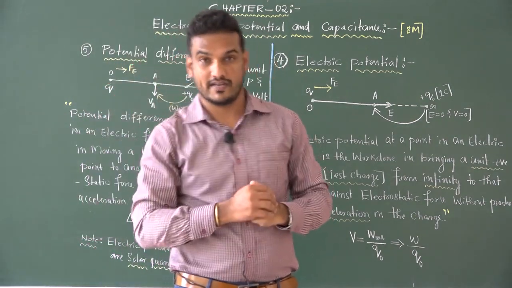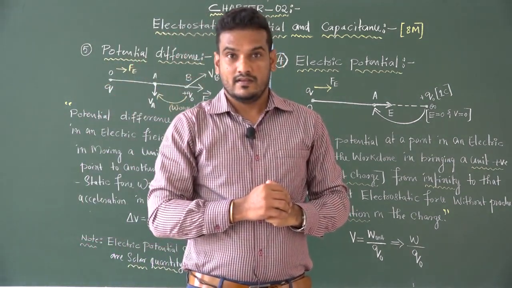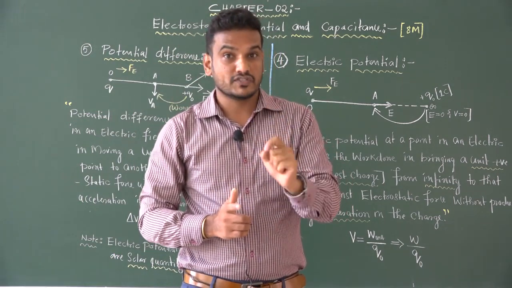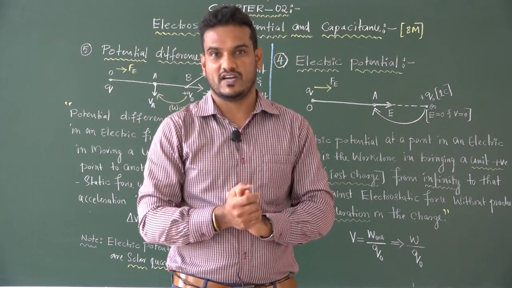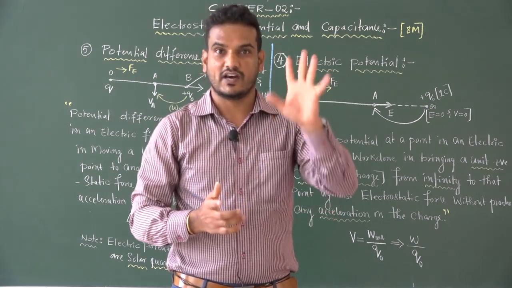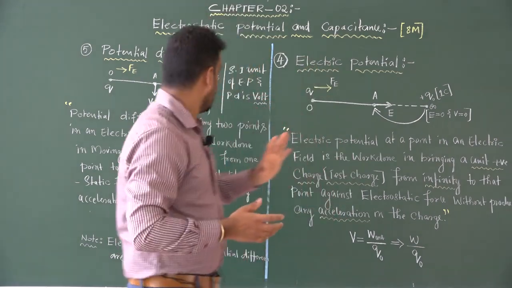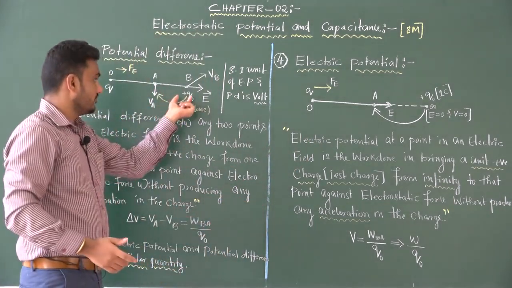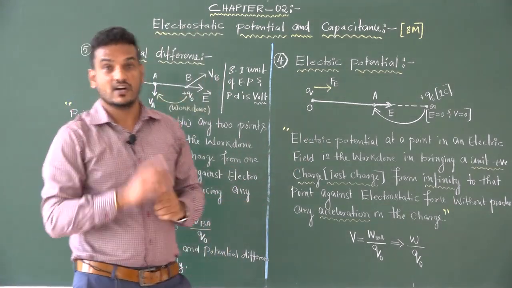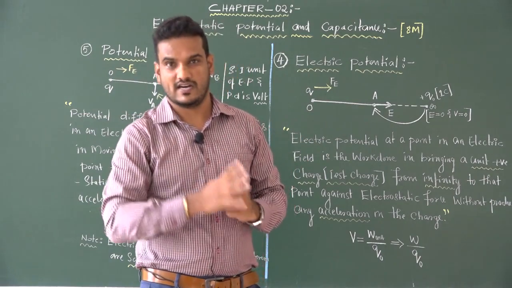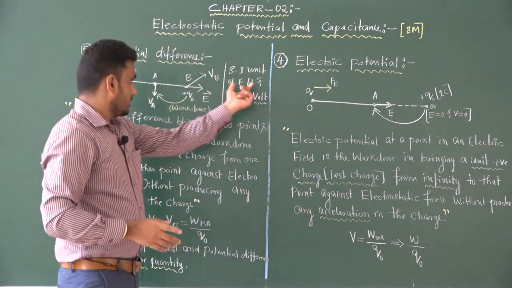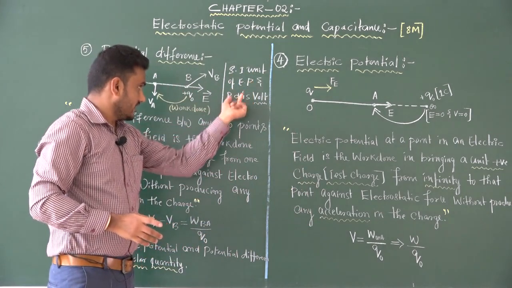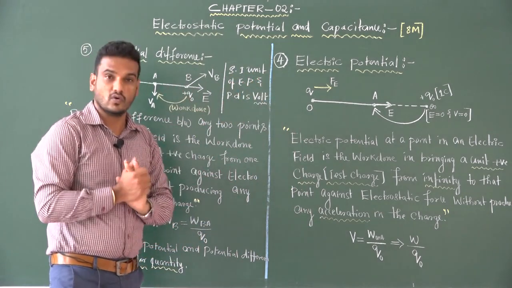Just now I explained: in case of potential energy difference, we did not use a unit positive charge, we used a charge Q. But in case of potential difference, we used a test charge or unit positive charge. So the SI unit of potential difference or electric potential is the volt.